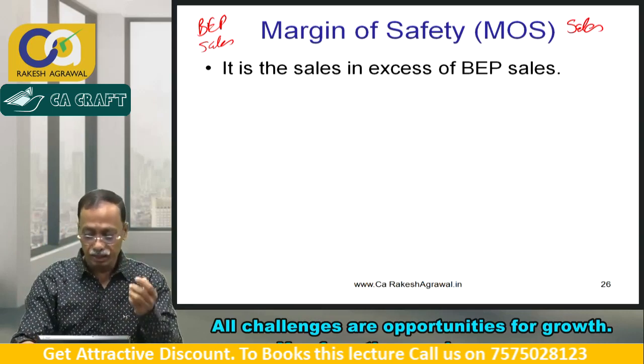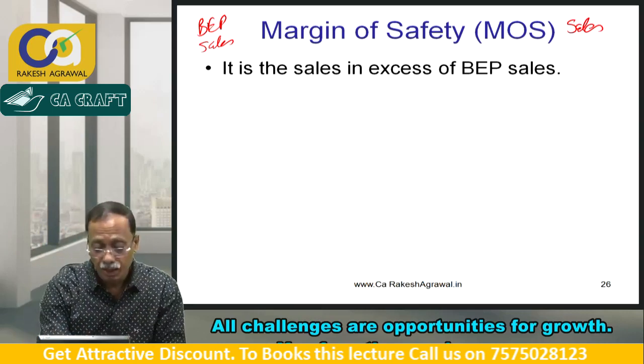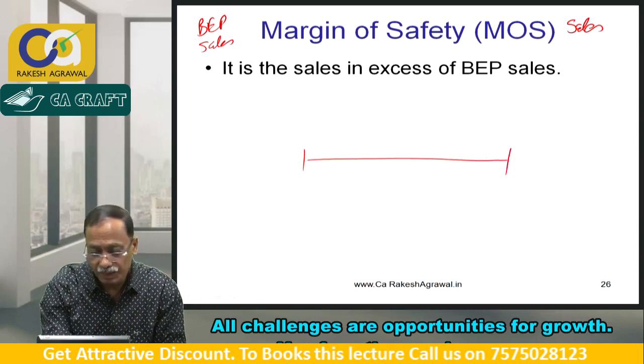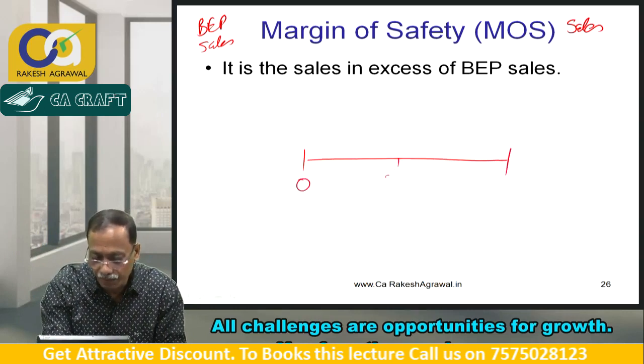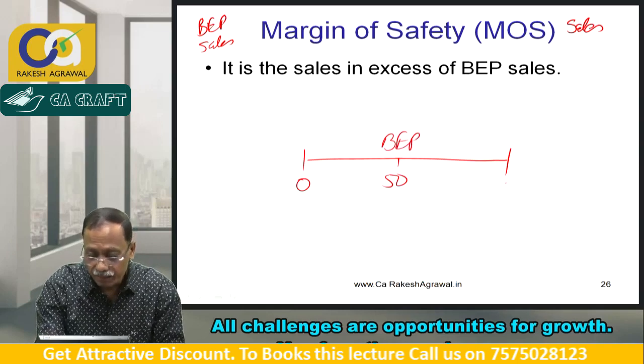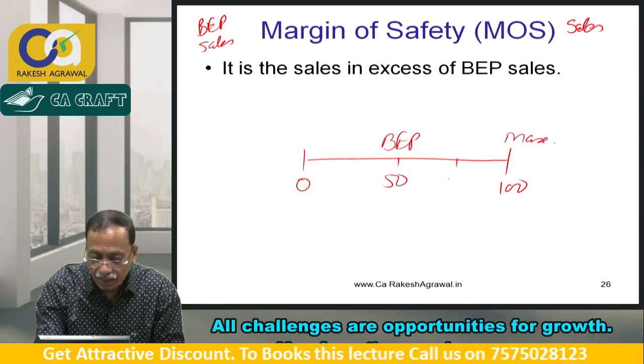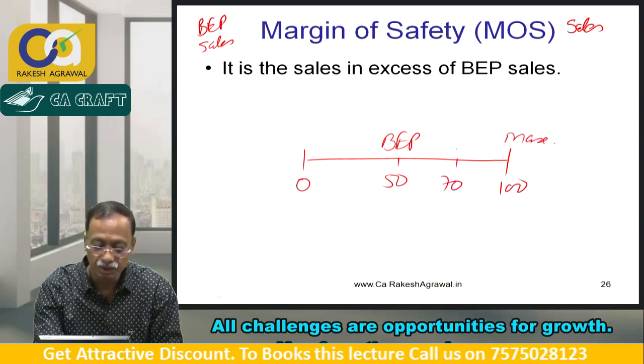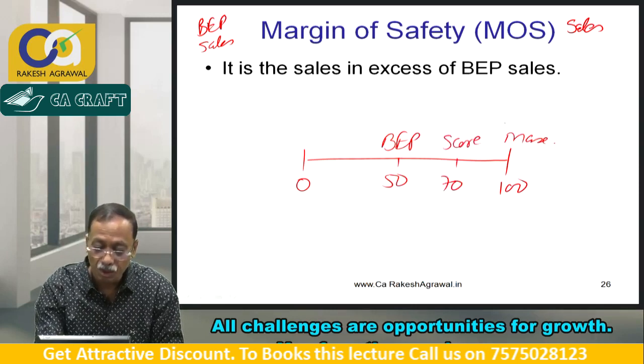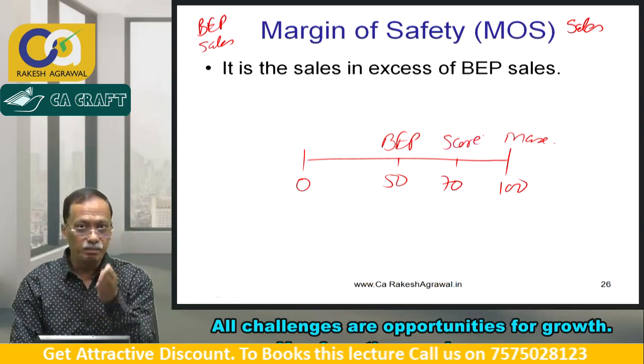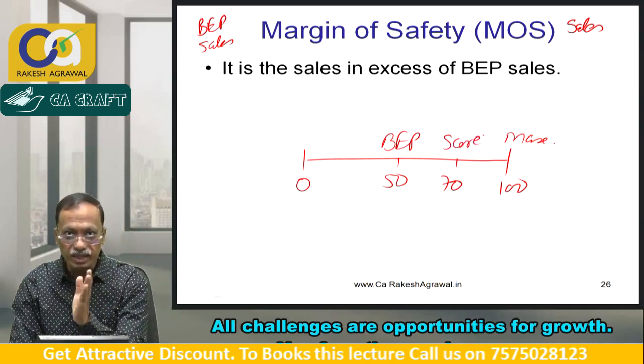Just for example's sake, in your CA exam, let us say 50 marks is your BEP. Maximum marks are 100. But your marks are, let us say, 70. This is your score. So your score is 70, BEP score is 50. So what is the extra score?